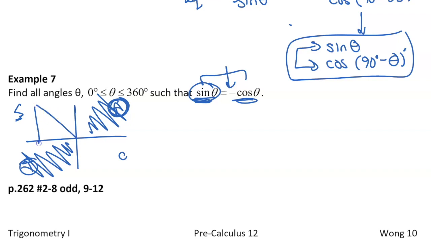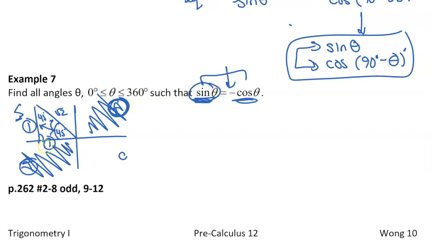You might remember this from last year, if you draw a 45, 45, 90 triangle, you would get sine with an opposite of 1 over root 2, and cosine would have a 1 over root 2 ratio as well.